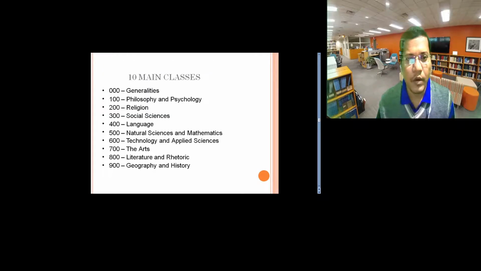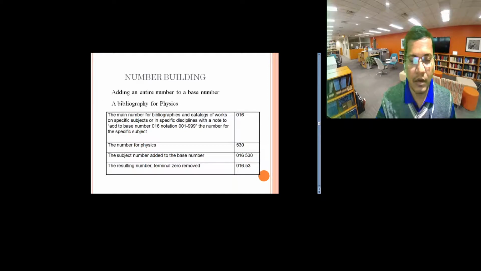What are the 10 main classes? 000 generalities, 100 philosophy and psychology, 200 religion, 300 social sciences, 400 language, 500 natural sciences and mathematics, 600 technology and applied sciences, 700 the arts, 800 literature and rhetoric, and 900 geography and history. These are the 10 main classes of DDC.